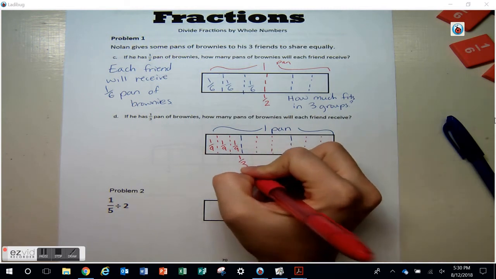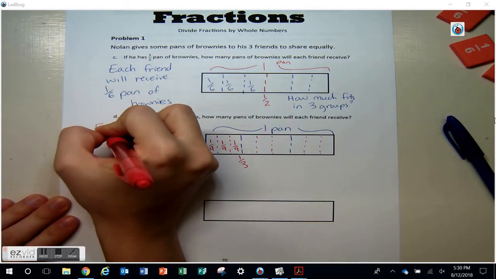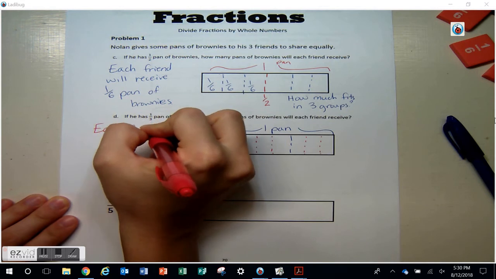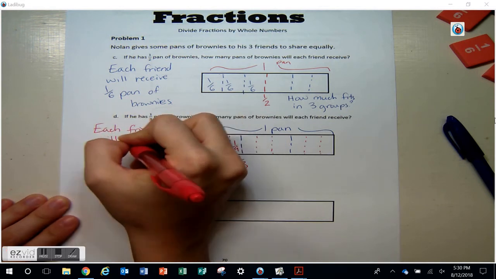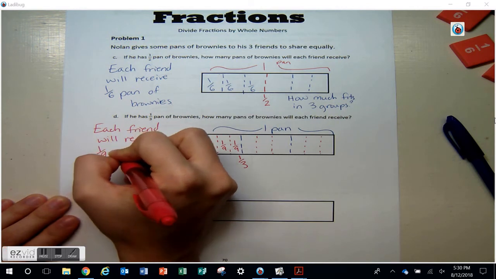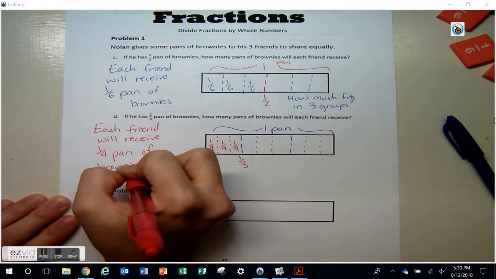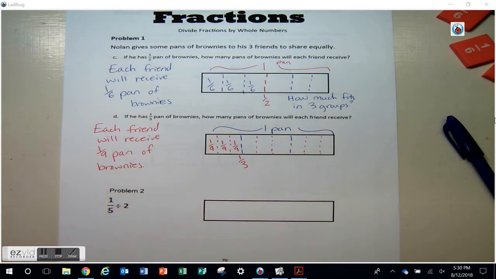So here's our 1/3. I almost forgot to write it down. Each friend will receive 1/9 pan of brownies.